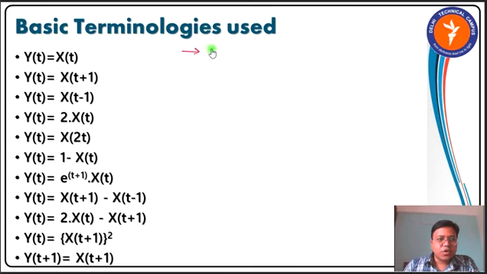Let us consider one more example where system y(t) is equal to e raised to power (t plus 1) times x(t). Now we have to comment whether the output depends upon past values of input, future values of input or the present values of input.